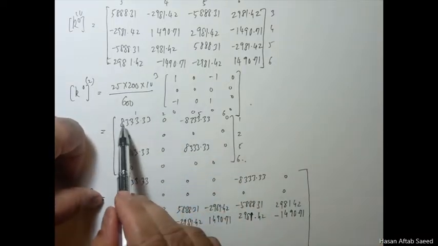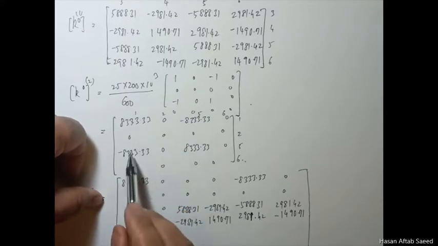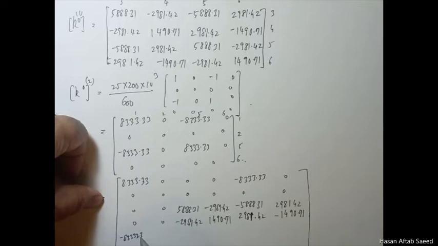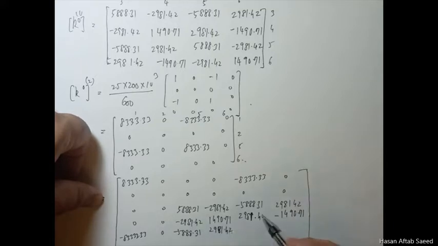Again, this was broken into 1, 2 and 5, 6. So now this part comes: 0, 0, 8333.33, 0, minus 5888.31, 2981.42.